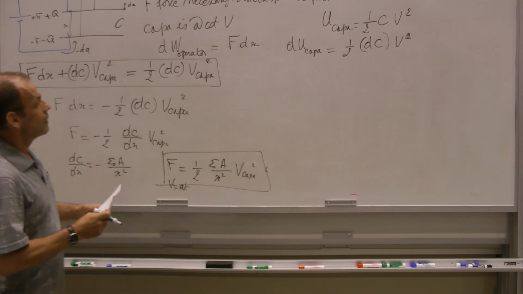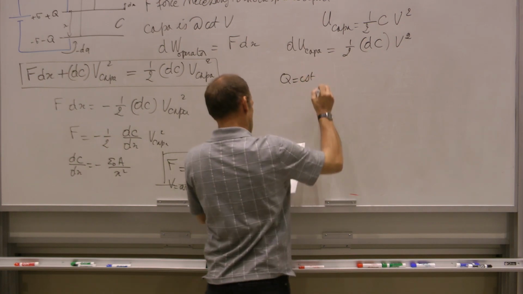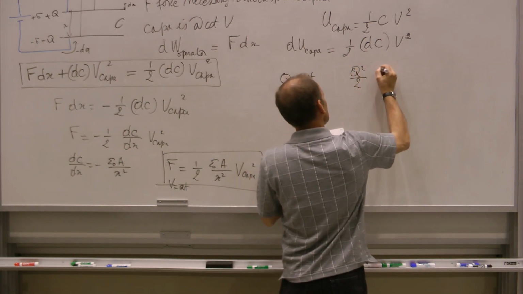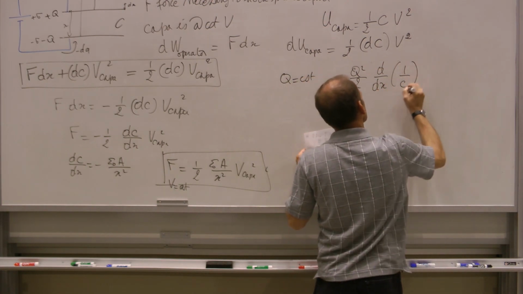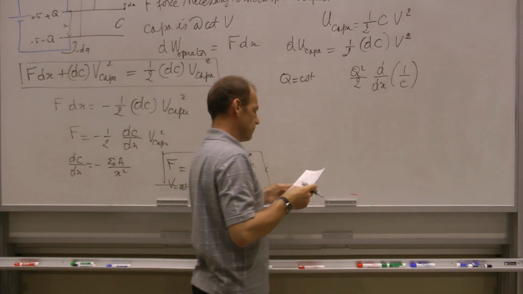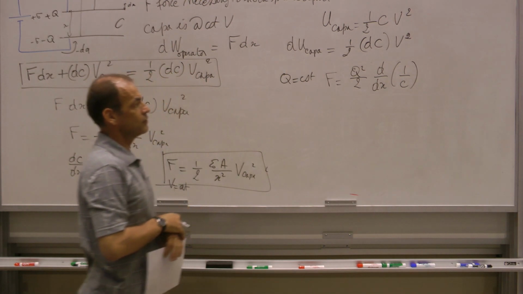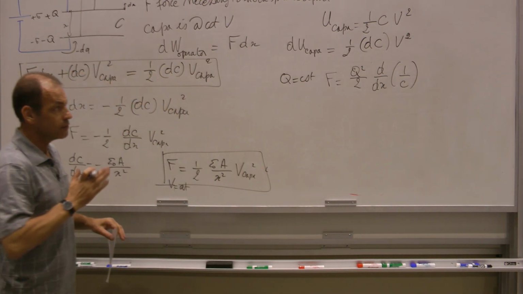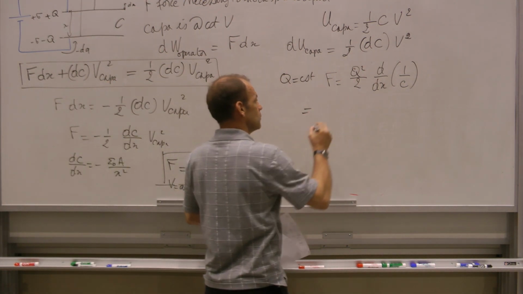Let's start with what we had earlier for Q constant. If you remember, we had Q squared over 2 d over dx of 1 over C. That was the force that we had found earlier when the Q was constant. It doesn't even relate to parallel plate capacitors, it's a general form. So I'm going to modify this a little bit.